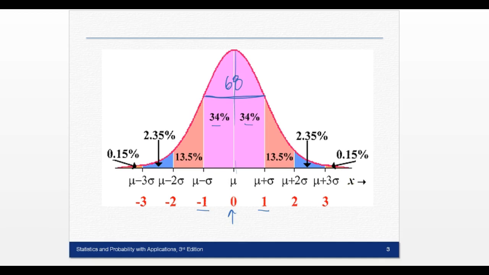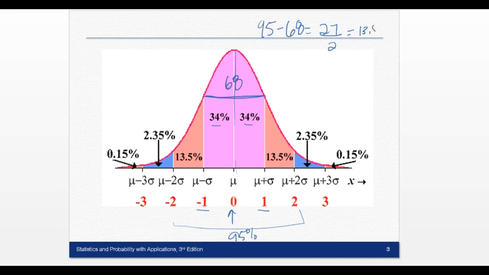All right? And we said 2 standard deviations out comes all the way out here, and that would be 95%, right? So where does this 13.5 come from? Well, here's what's going on. If you take that 95 and you subtract 68, that middle chunk, you're going to get 27. Well, if we split that 27, because some of it's on the left and some of it's on the right, if we split that by 2, we get 13.5.